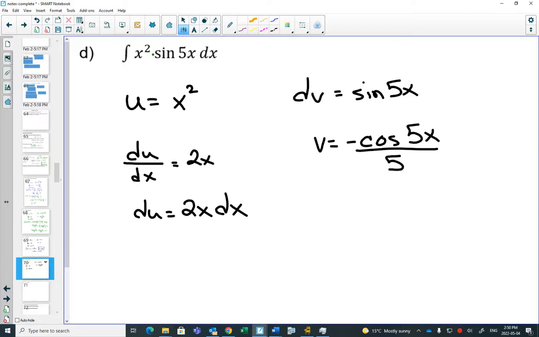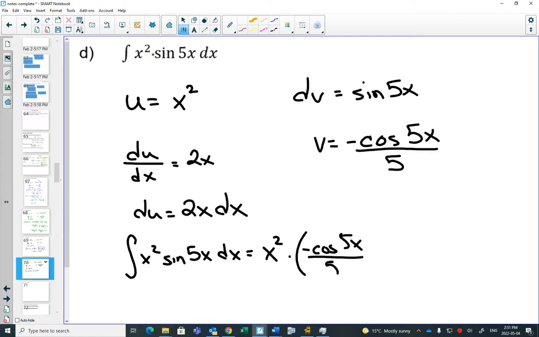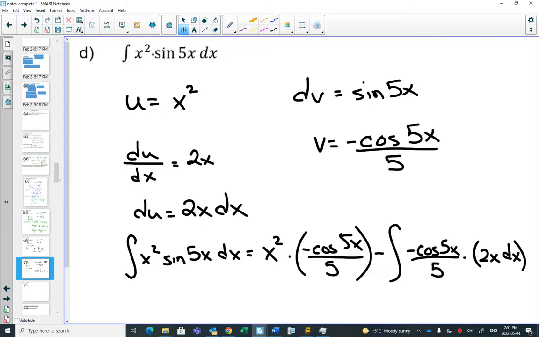And so at this moment, when we write it out, the integral of x squared sine 5x dx equals u, x squared, times v, negative cos 5x divided by 5, minus the integral, and we have v, negative cos 5x divided by 5, times 2x dx.